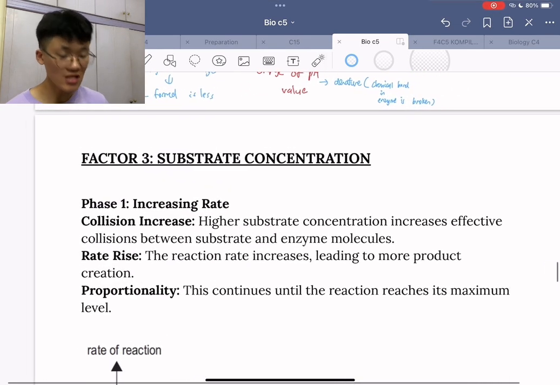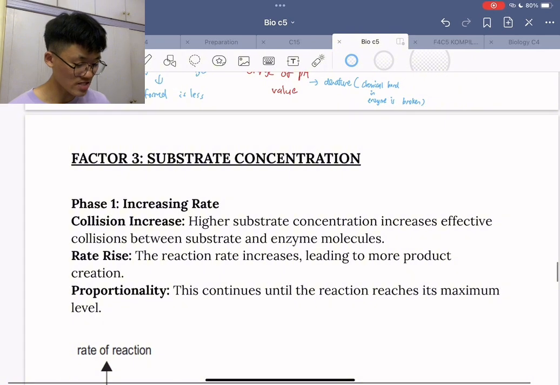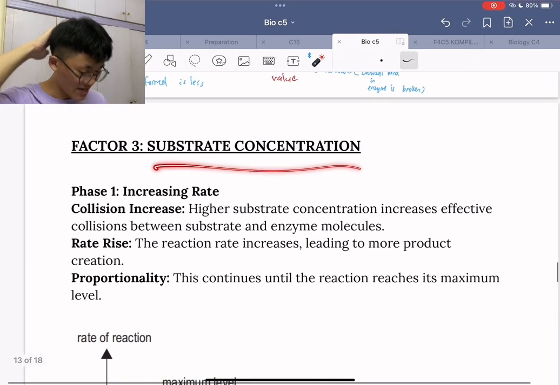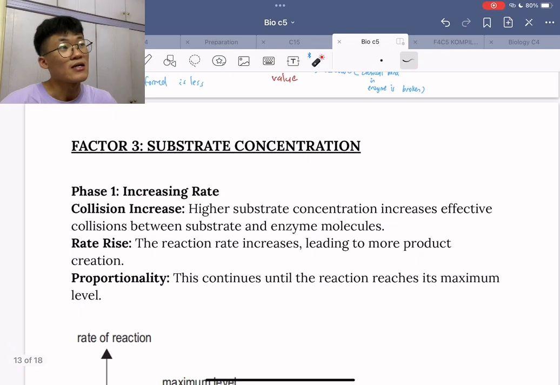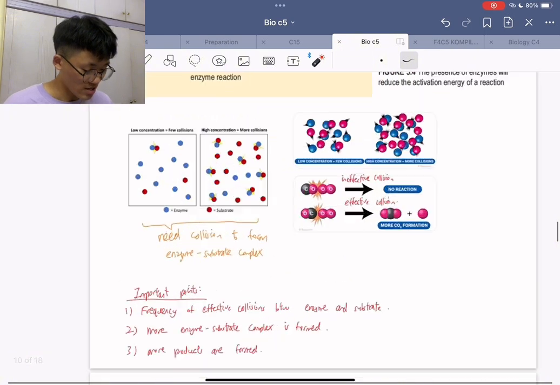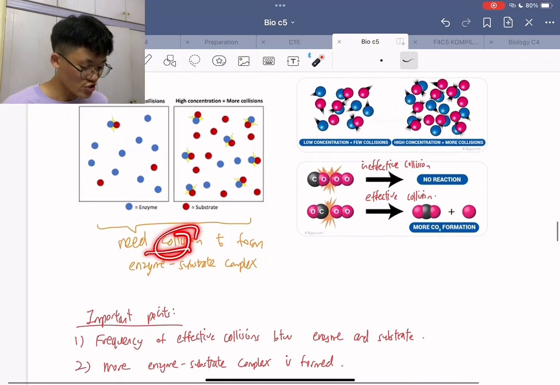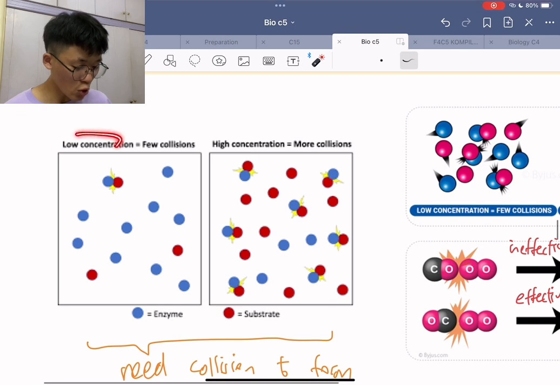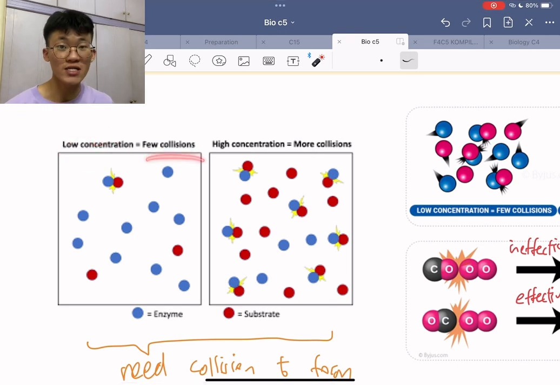So the third factor is substrate concentration. So just now I said that if you want the enzyme substrate complex to form, you need collisions. You need collisions to form the enzyme substrate complex. So low concentration means few collisions.